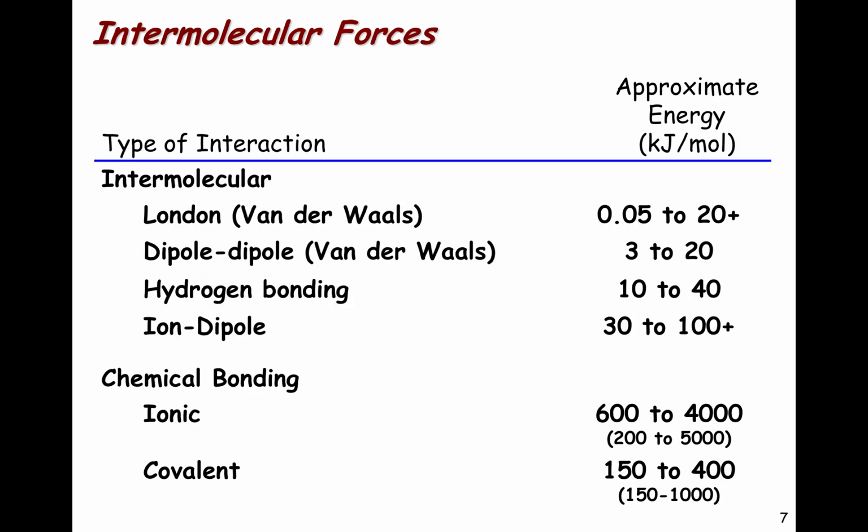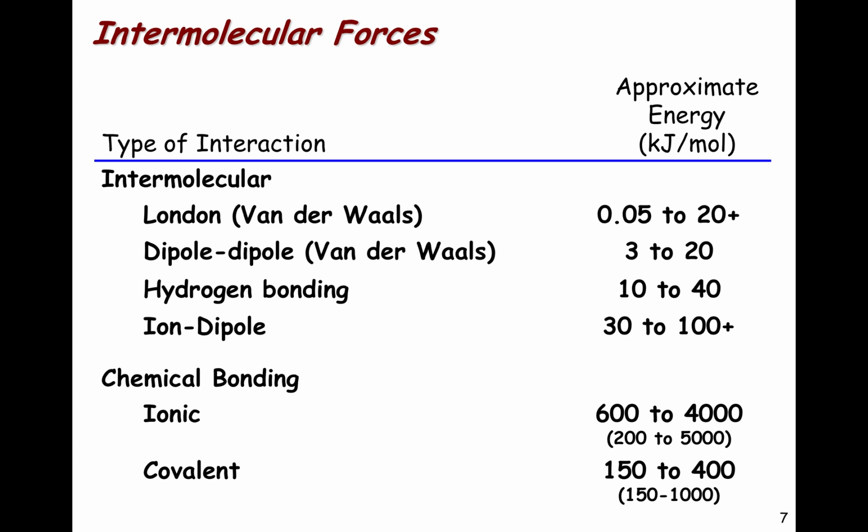We can quantify the energy associated with breaking these intermolecular forces in comparison to the intramolecular bonds that we have been describing for molecules and ionic bonds for ionic compounds. You can see that the London dispersion forces are quite weak, and they range from hundredths of a kilojoule per mole to tens of kilojoules per mole, depending upon the nature of the molecule.